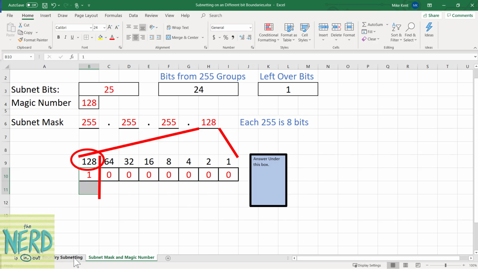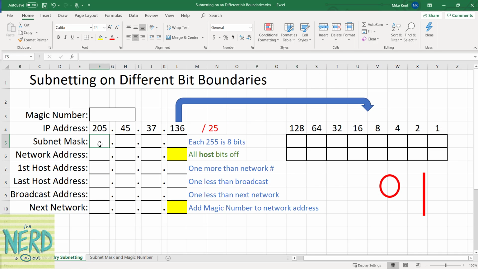All right, so let's get the subnet mask onto the other page, 255.255.255.128. And my magic number was 128. Now it's a coincidence in this case that the subnet mask and the magic number are the same, because in the other examples they were not.